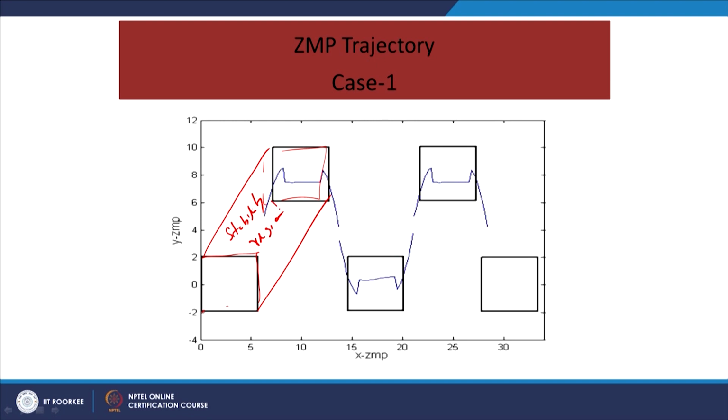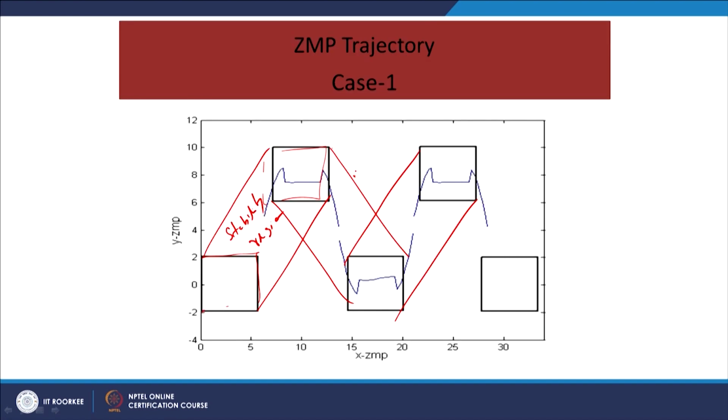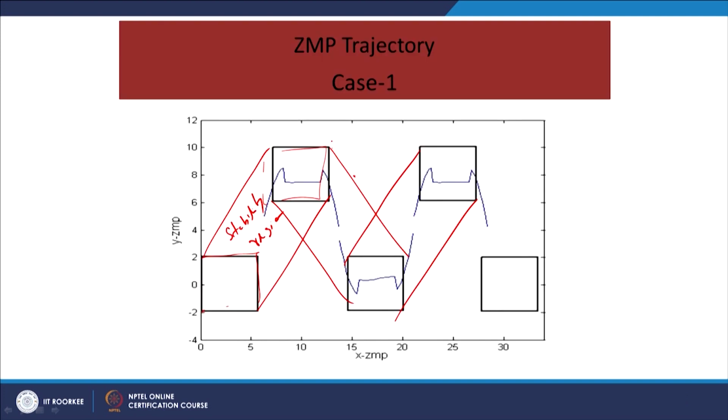So, during the walking, the zero moment point always should lie within this region bounded by these red lines, and if it goes out of this region, then the robot will fall down. That is the theoretical result. Now we have the calculation of the zero moment point using all the trajectories and the parameters, and we can easily check whether it lies in the stability margin or not.